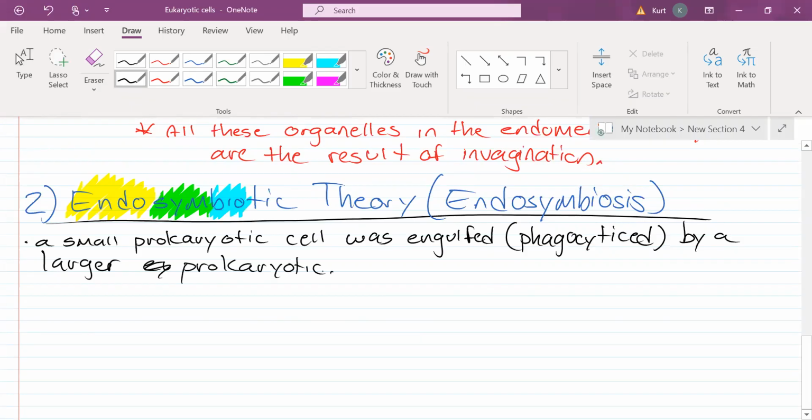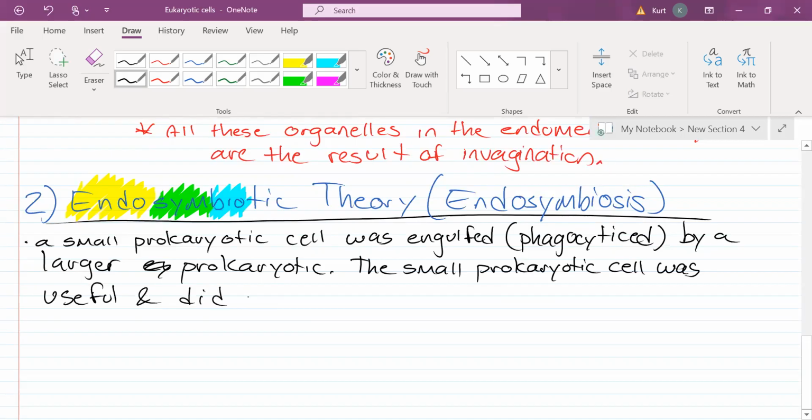So, you know, guys, there's a saying, there's always a bigger fish. You had a large prokaryotic cell engulf a small prokaryotic cell. Typically, the smaller prokaryotic cell would have just been food. It would have been absorbed and engulfed and broken down for energy, but that didn't happen. The small prokaryotic cell was useful and did not get digested.